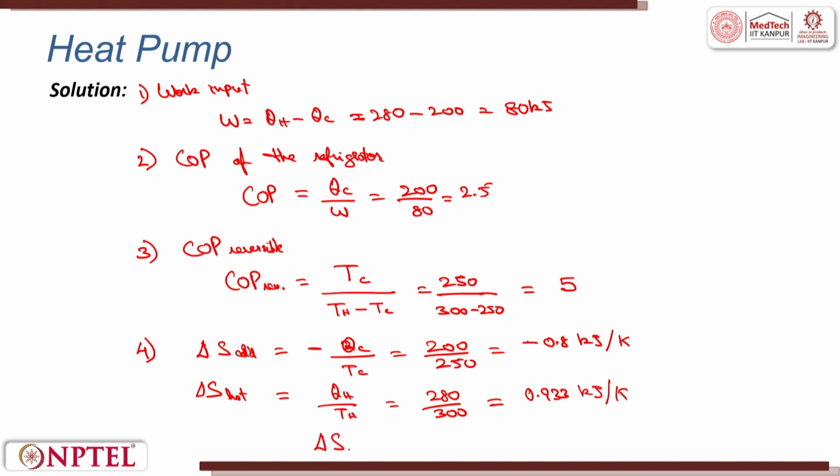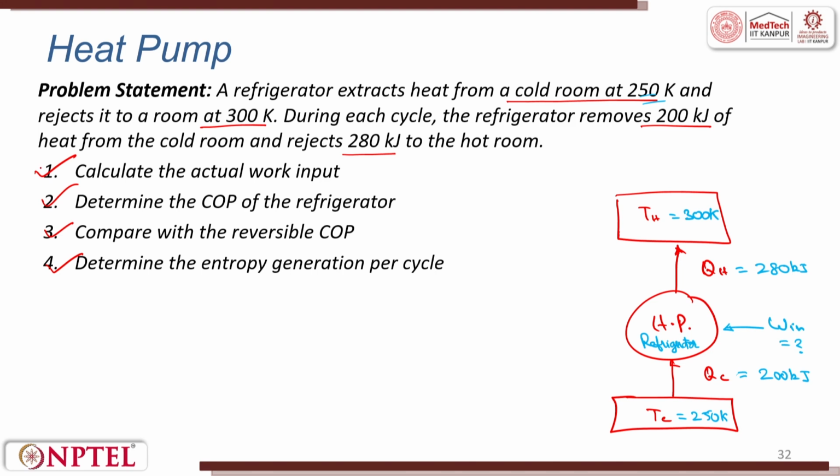So entropy for the universe is 0.933 minus 0.8, equal to 0.133 kilojoules per Kelvin. So all the 4 questions are now addressed here.